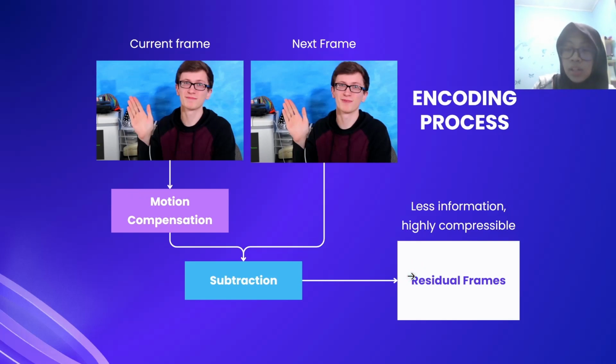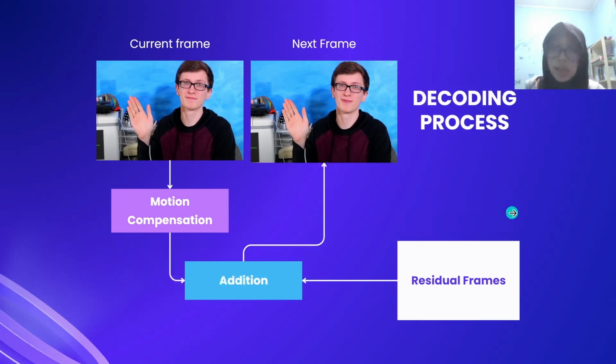We store these residual frames because they have less information and are highly compressible. Why? Because we need them in the decoding process. Motion compensation is not enough to give us the quality that we wanted for our video.